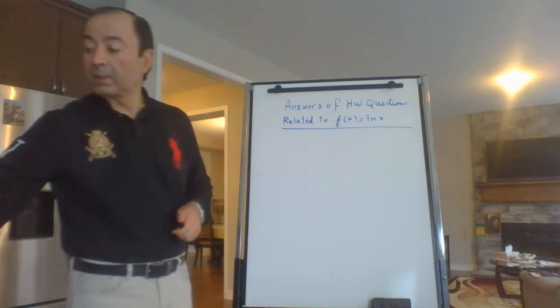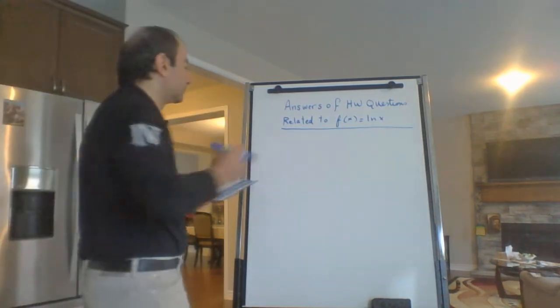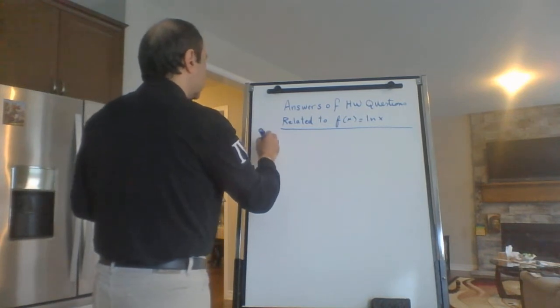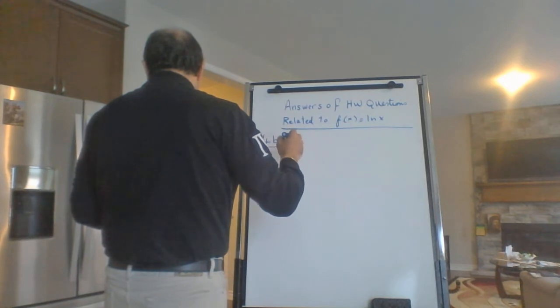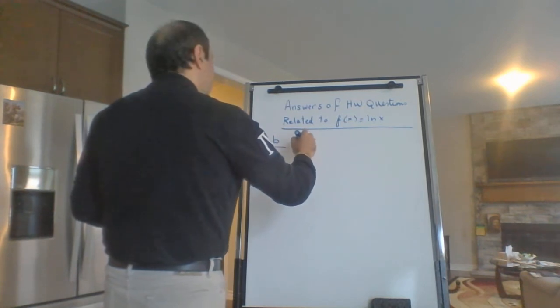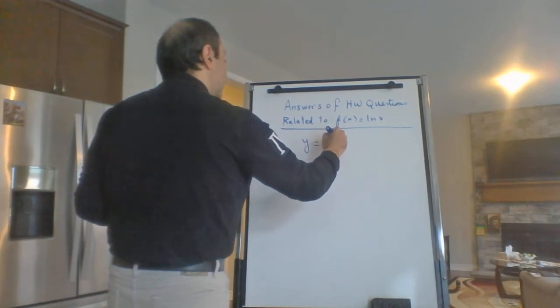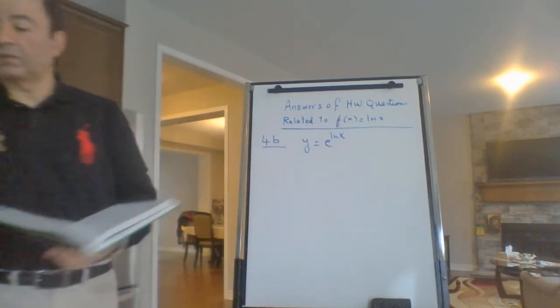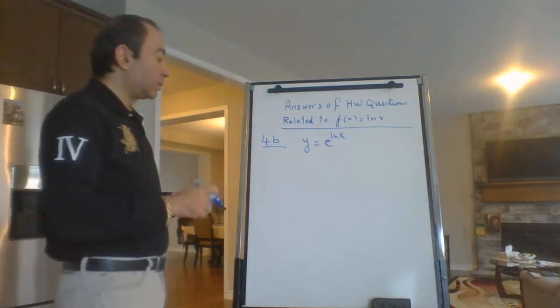All right, so the first question is 4b. 4b says f of x or y equals e to the power of ln x, and we need to find the first derivative, dy by dx.